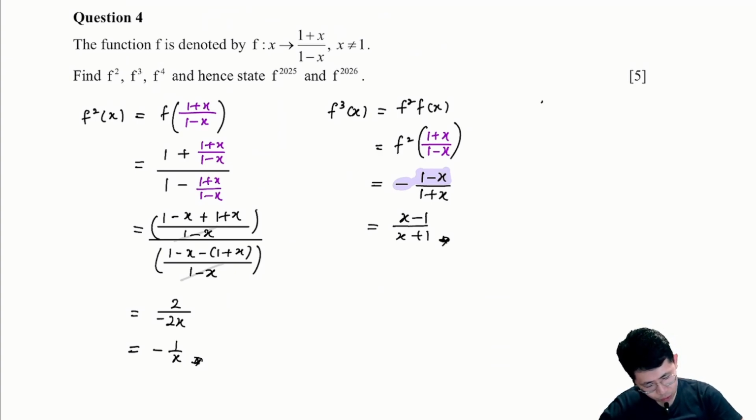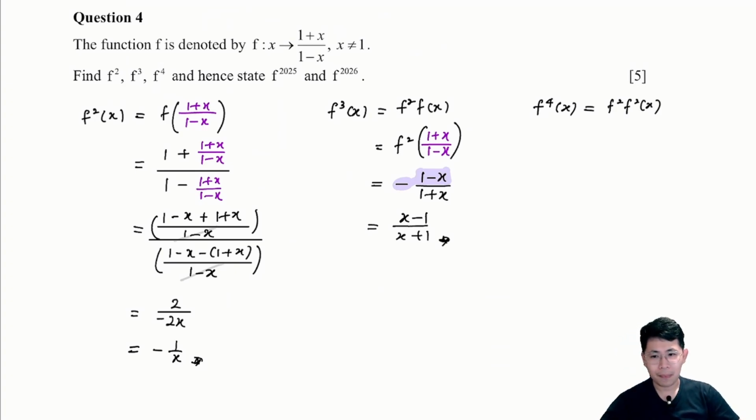Now let's continue on to f4. So f4 of x is actually f2 of f2 of x, if you think about it. I think this is an easier way to do it, unless you also try f and f cube, which also works, but you get a very complicated fraction, which is a bit weird.